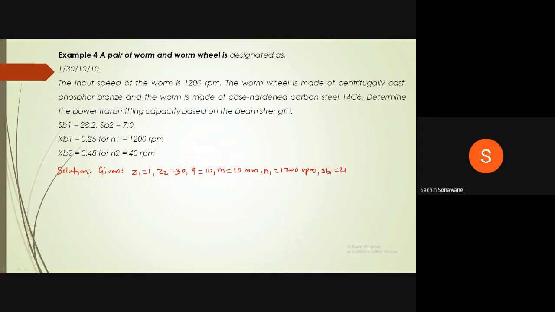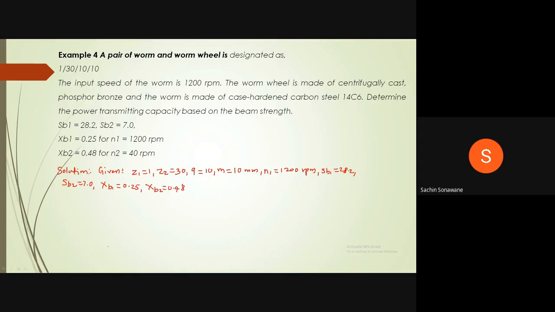SB1 is equal to 28.2, SB2 is equal to 7.0, XB1 is equal to 0.25, XB2 is equal to 0.48. Therefore, these are the given quantities.